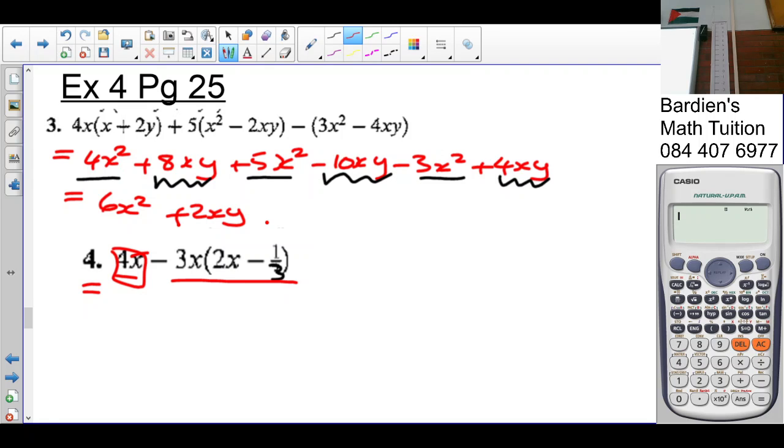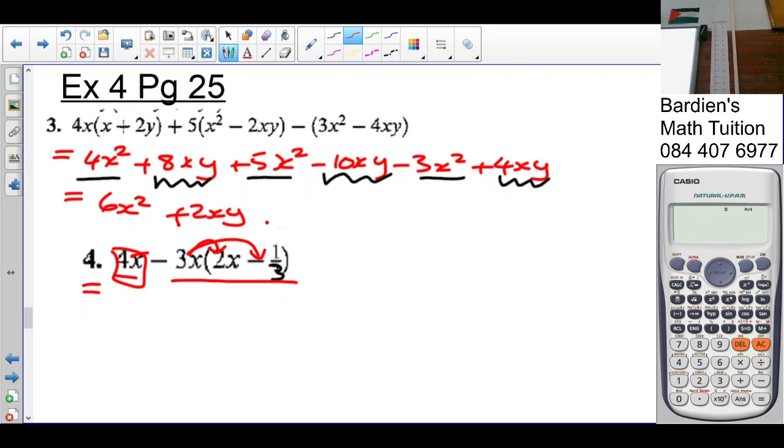You understand? Before we can do anything with this term 4x, we must first simplify the second term. Don't you remember? The examples we did in the last lesson, I explained this one.